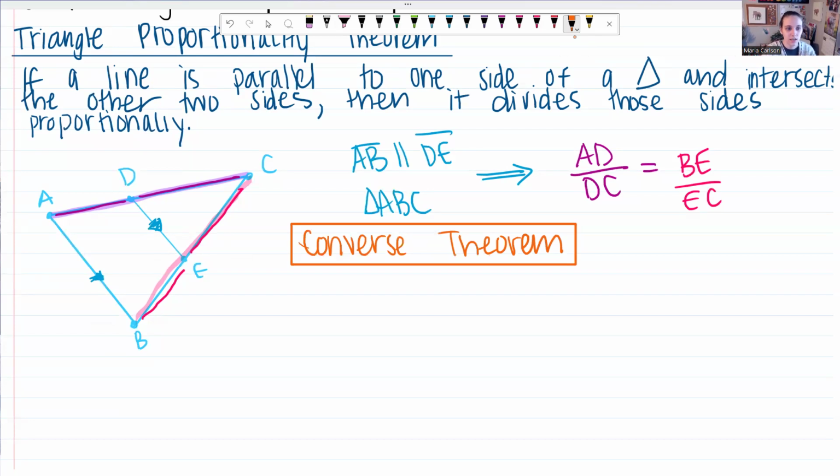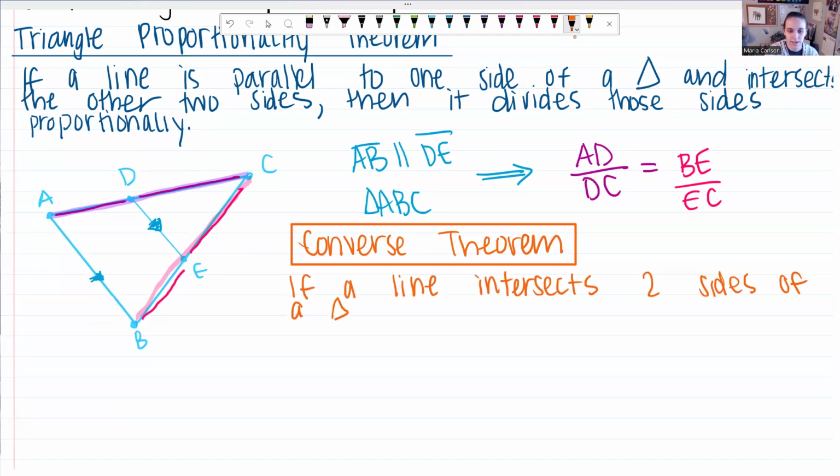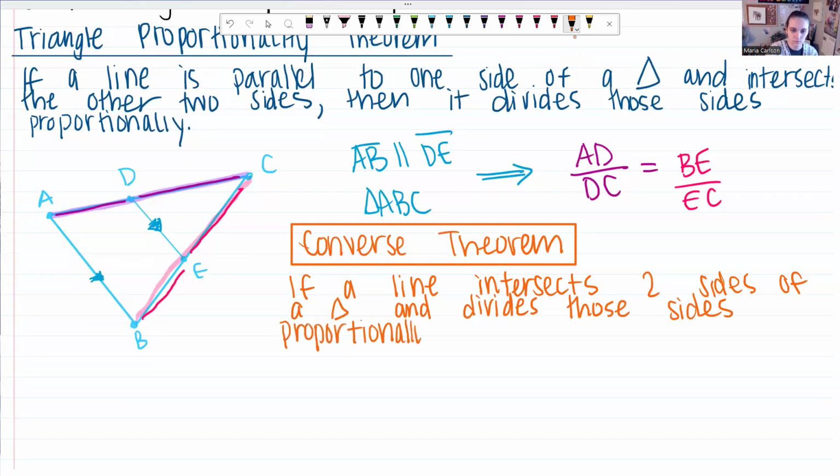So this converse theorem is if a line intersects two sides of a triangle and divides those sides proportionally, then the line that's intersecting those two sides is parallel to the third side.